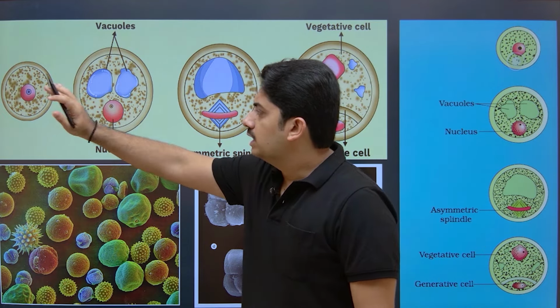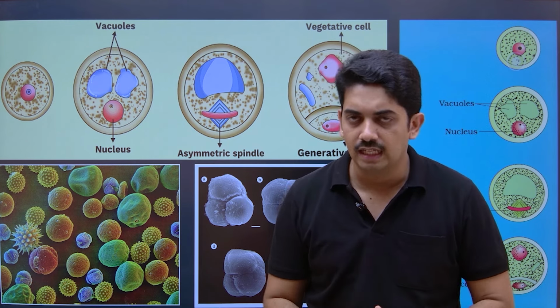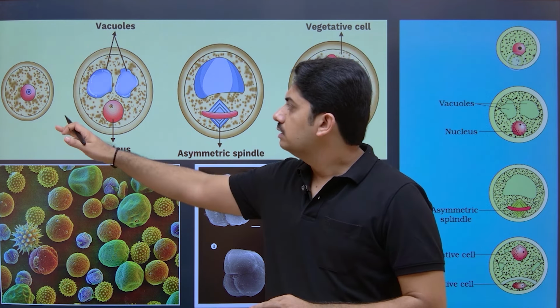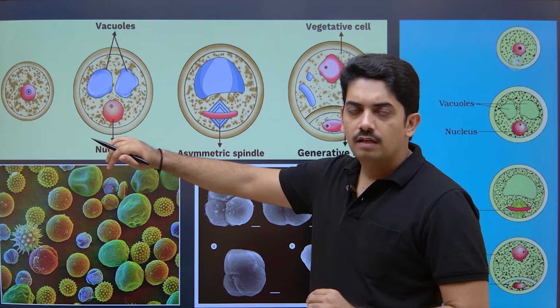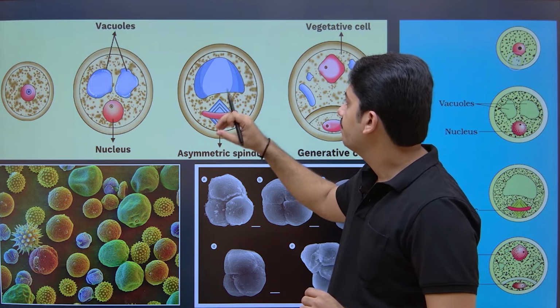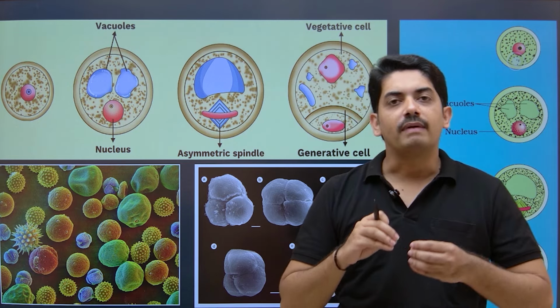Now what happens to this pollen grain? Initially it is single, it has a single haploid nucleus. Now this haploid nucleus pollen grain starts to develop a vacuole, and this nucleus undergoes mitotic division.